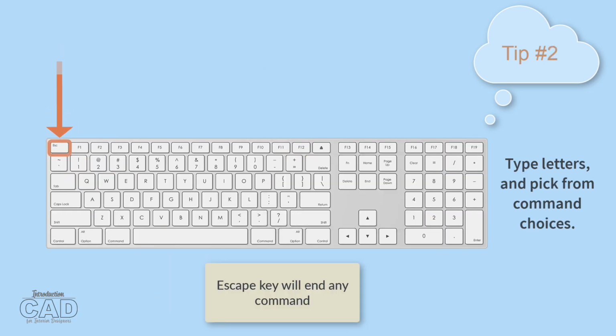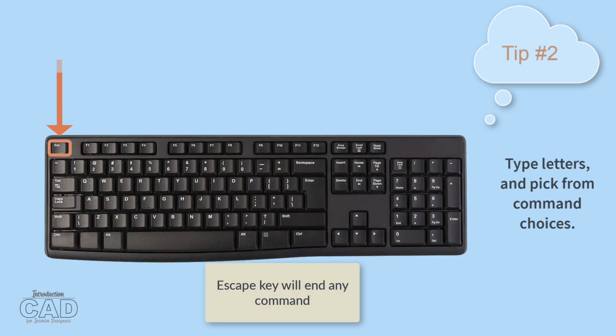Tip number 2, pick on the escape key on your keyboard to clear out any active commands. Commands can be prompted just by brushing a key on your keyboard. So pick on the escape key a couple of times to make sure you're not in the middle of an active command that you didn't consciously start.